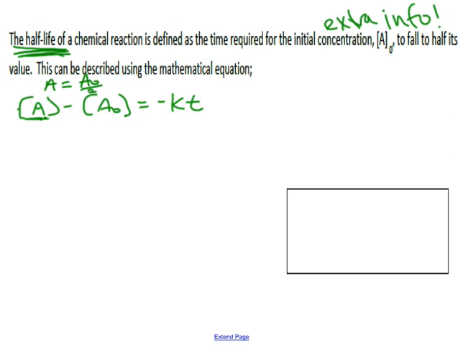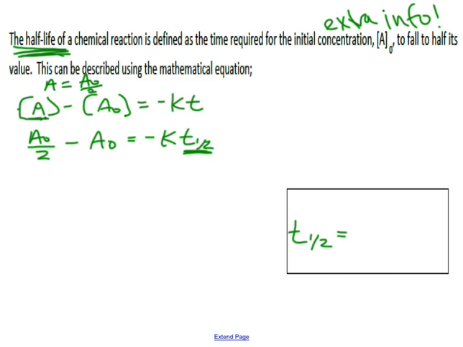So wherever I see A, I'm going to put in A naught over 2. This is A naught, and this is equal to negative K. And I'm going to call it T1 half because this is at one half-life. So I'm just going to clean this up and rearrange it and solve this in terms of the half-life. And I'm going to get a half-life equation.